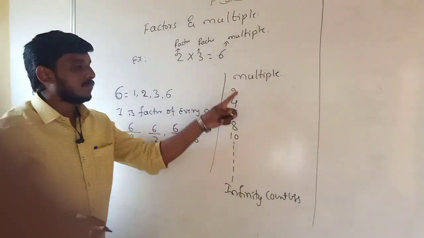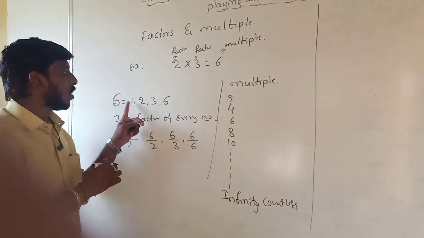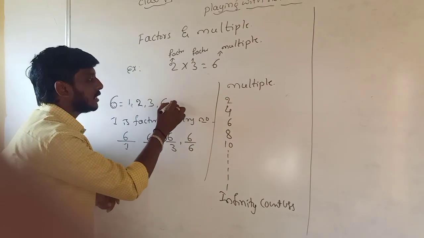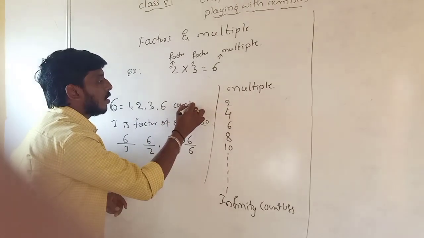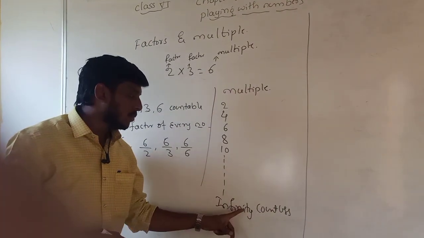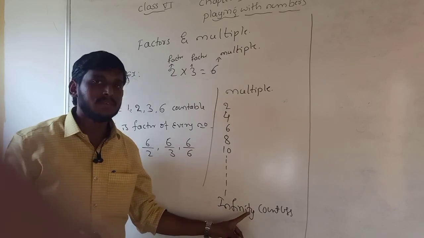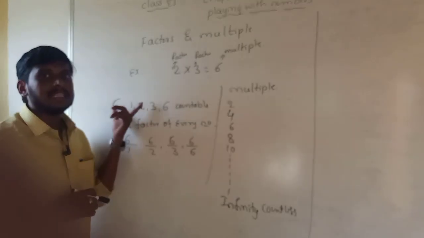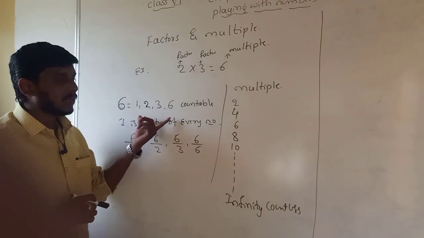So these are the multiples. Here factors are countable. Factors of 6 are 1, 2, 3, 6. How many? 4. It is countable. Factors are countable, multiples are uncountable. That's why we use the word infinity. What do you mean by factor? A factor is an exact divisor of a given number.